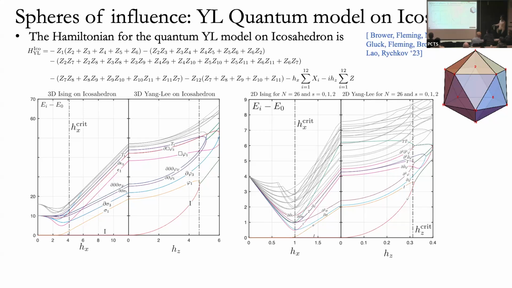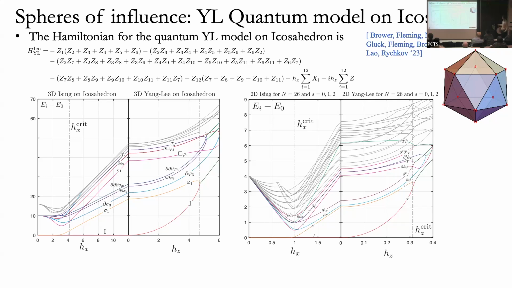We assume that the stress energy tensor flows to the stress energy tensor. We know where the stress energy tensor is on the Ising side due to this paper, which tells us how to properly identify states, and we assume that it does flow to the stress energy tensor on the Yang-Lee side.